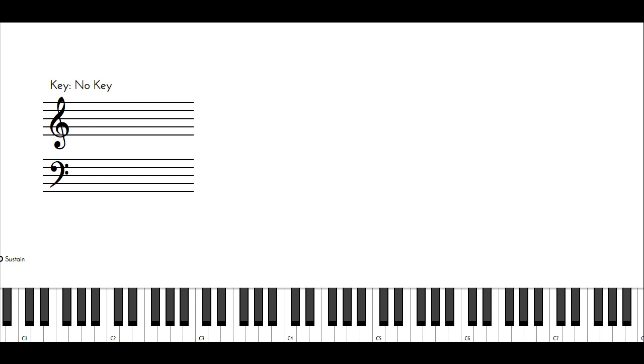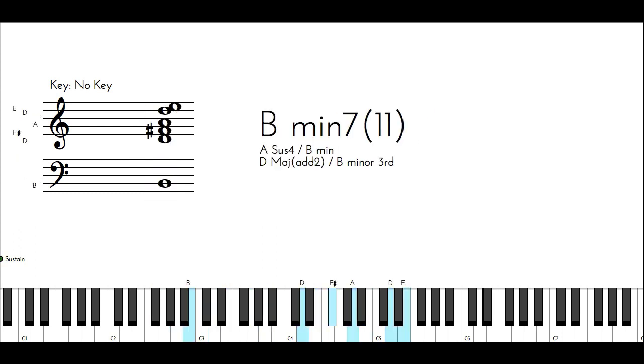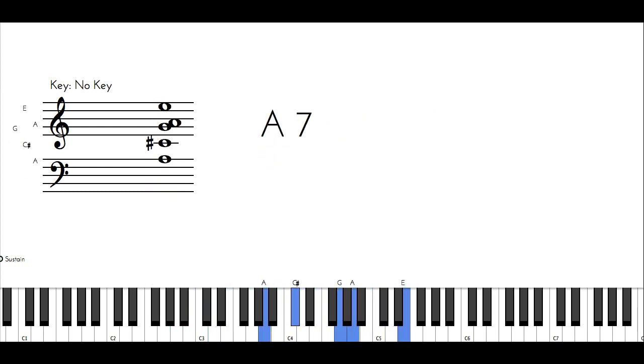Now let's say I'll try it in the key of A. Still using the same scale degrees. 1, 4, 3, 6, 2, 5, 1. Once you know what the 1 is going to be, you can pretty much transfer all that you know from one key to the next.